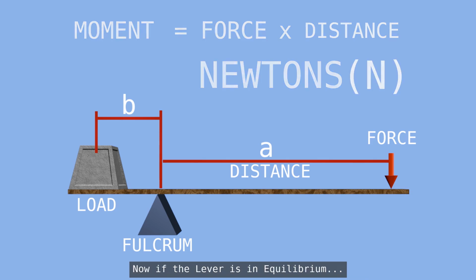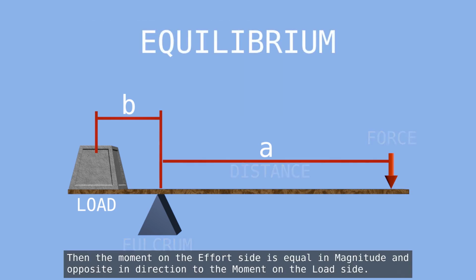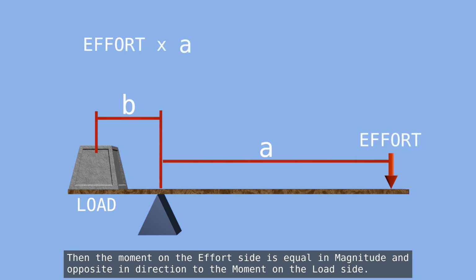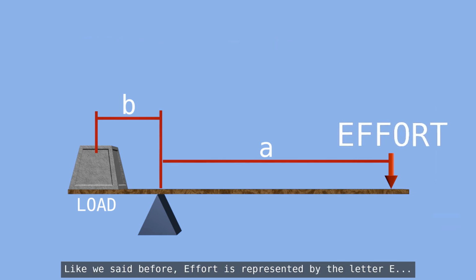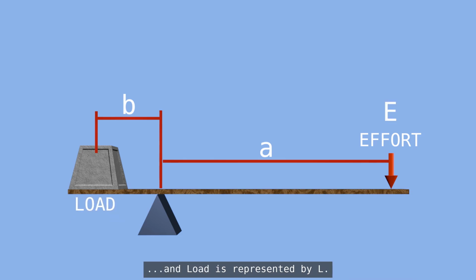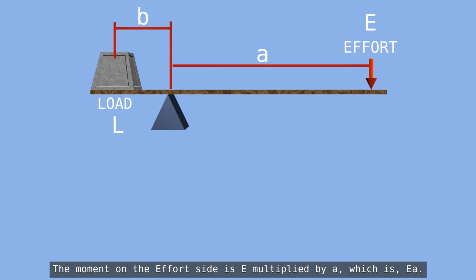Now, if the lever is in equilibrium, then the moment on the effort side is equal in magnitude and opposite in direction to the moment on the load side. Like we said before, effort is represented by the letter E and load is represented by L. The moment on the effort side is E multiplied by A, which is EA.